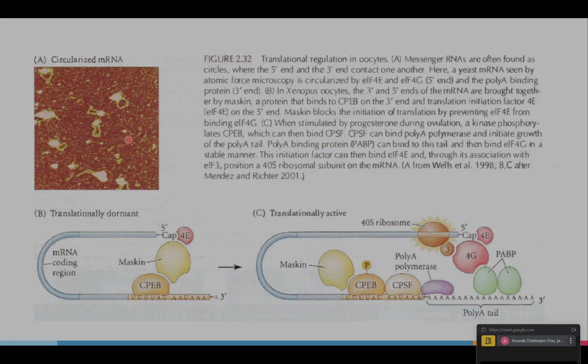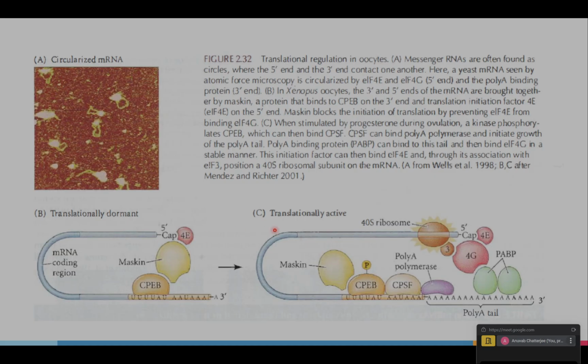When these cytoplasmic mRNAs are dormant, they are bound by two different proteins. One is a 4E protein which binds to the 5' cap, and then there is another protein known as CPEB which binds to the 3' UTR, and both of these are bound by the protein maskin. Whenever maskin is bound to both of these proteins, then translation is inhibited and you have translationally dormant mRNAs.